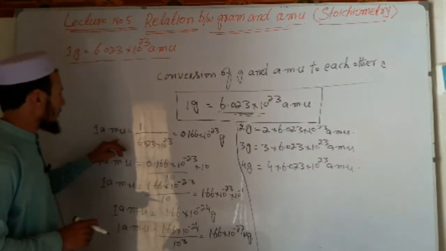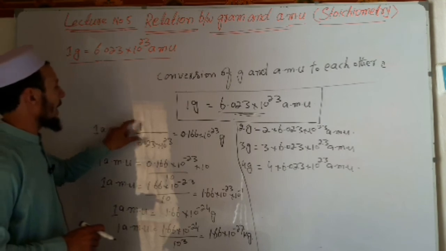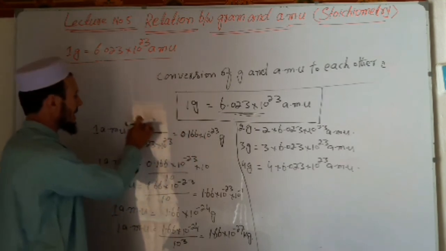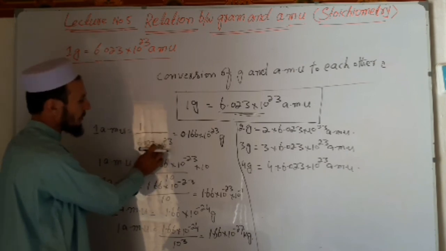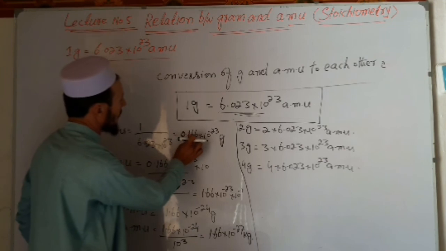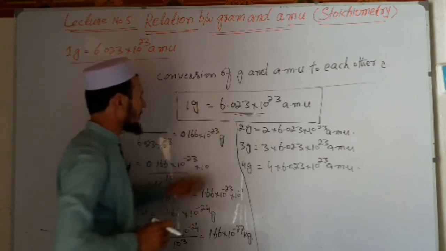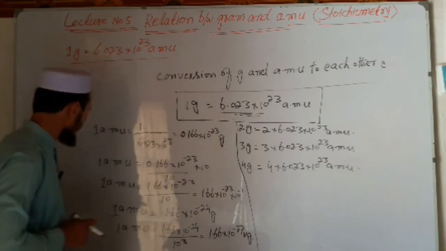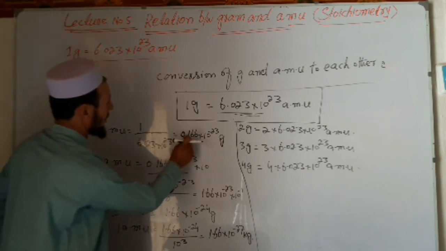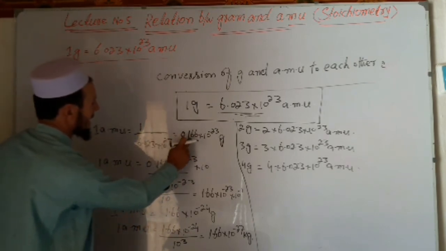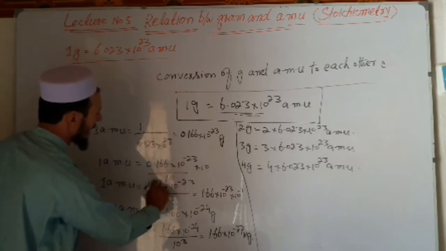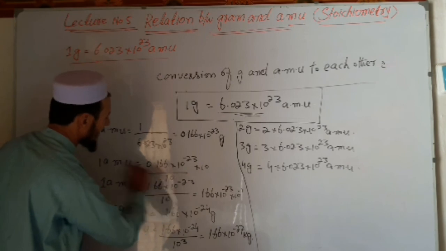So dear students, when we convert 1 a.m.u into grams, it will be divided by the conversion factor. This is 1 and it has been divided by the conversion factor. When 1 is divided by this, we will get 0.166 multiplied by 10 raised to the power of minus 23 gram. So 1 a.m.u is equal to that. If we want to express it in scientific notation, it will be multiplied by 10 as well as divided by 10.